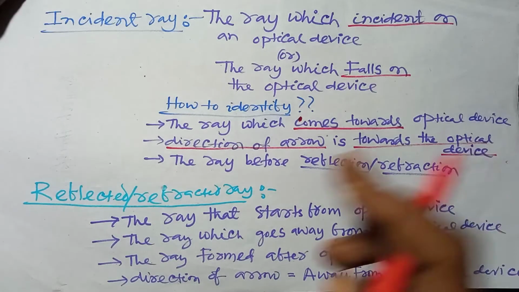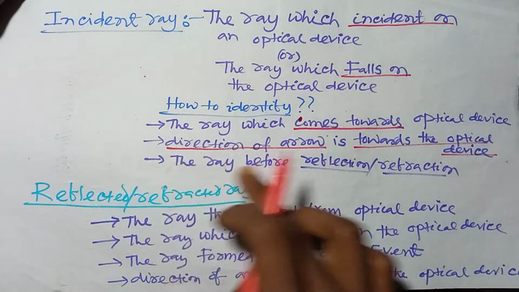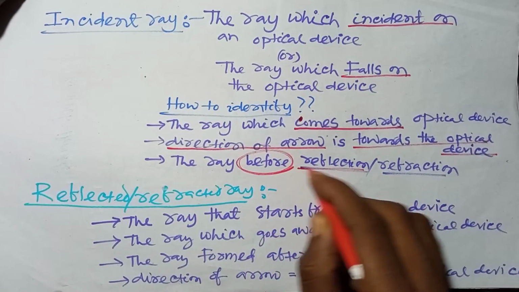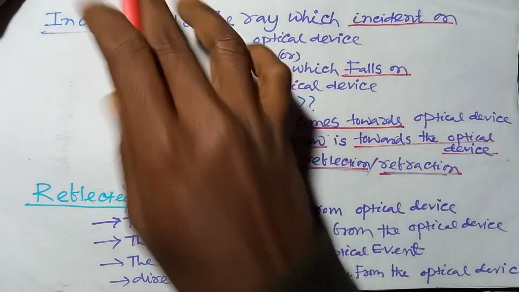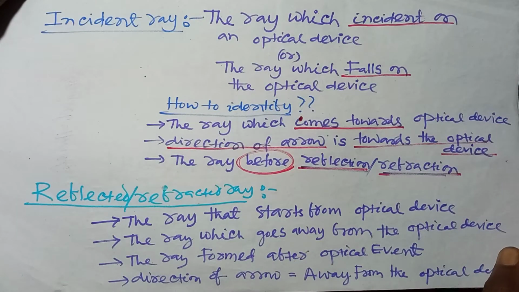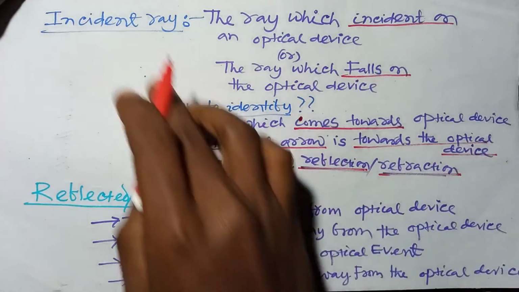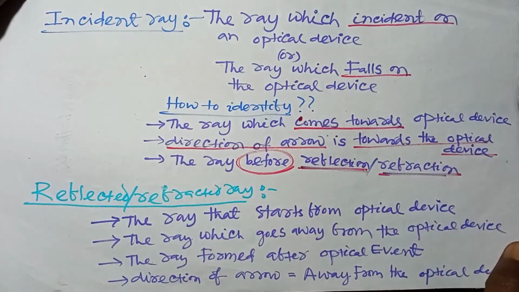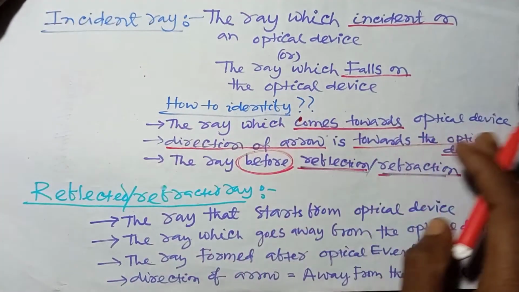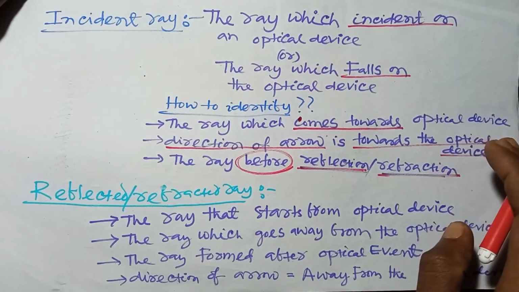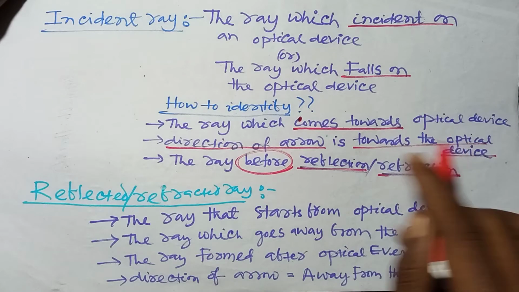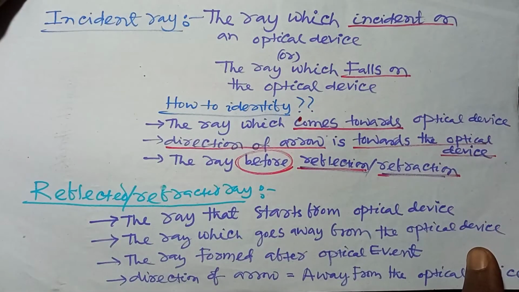We can also say that the ray before reflection or refraction is the incident ray. To identify the incident ray you have to check whether the direction of the arrow is towards the optical device or away from it. If it is towards the optical device, then the ray will be the incident ray.